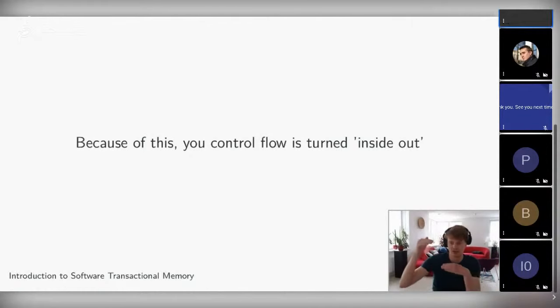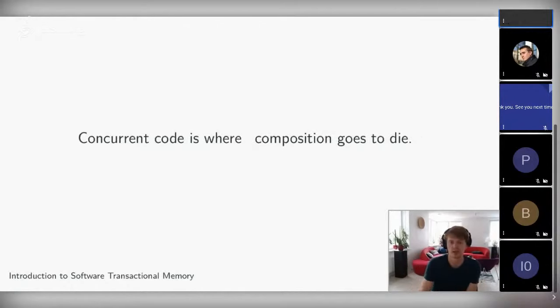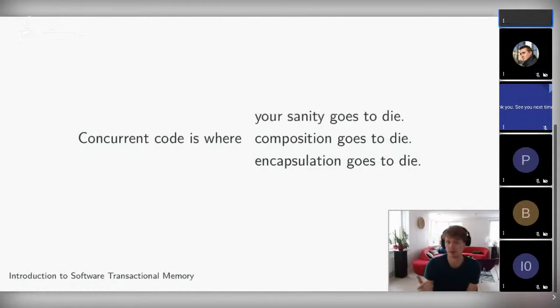You cannot have abstraction if you have concurrency in a language like this. So I say concurrent code is where composition goes to die, your encapsulation goes to die, and maybe also, depending on whether this is your favorite pastime, your sanity goes to die. So that's a bit sad.